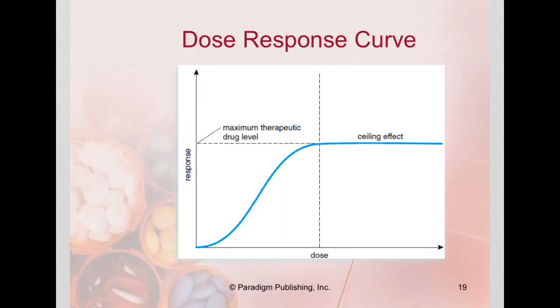This is a dose response curve, and it's on page 30. And it just shows your maximum therapeutic level with your dose, and where the ceiling effect is, it levels off. So it doesn't matter if a drug has a ceiling effect at 10 milligrams. If you gave them 20 milligrams, it wouldn't do anything else. It wouldn't help the body anymore.